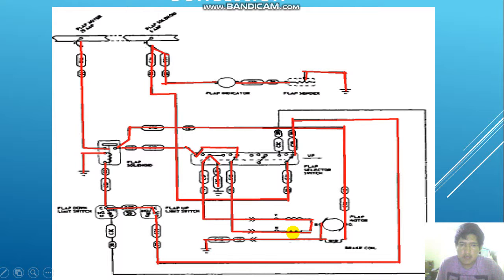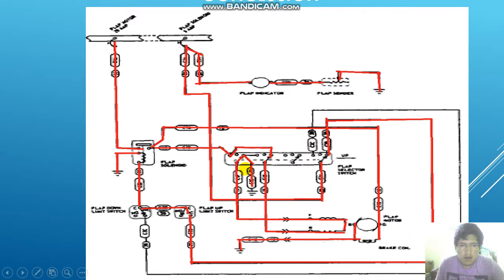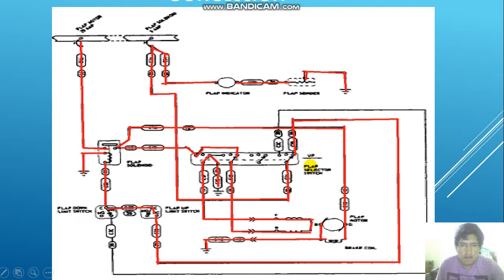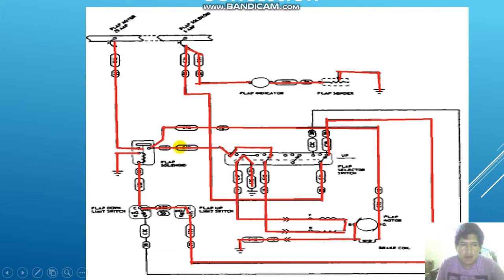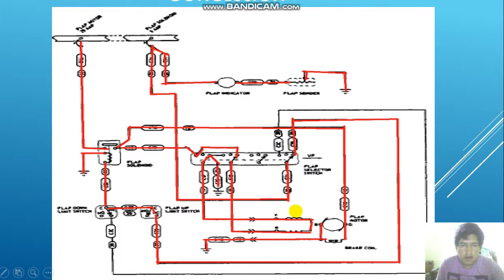In this case, the rotation is counterclockwise, to retract the flaps. Another case is the same when the flap selector is in the down position: the current arrives at this, then passes to another position.